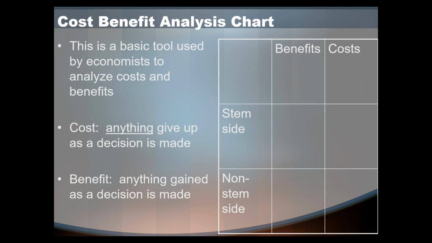Now, I want you to make a chart, a cost-benefit analysis chart, like the one you see here on the screen. And I want you to make it just like that, but make it so that your squares that are empty are big enough to write in. So we're going to start out today thinking about the costs and benefits of 2 different ways to peel a banana.